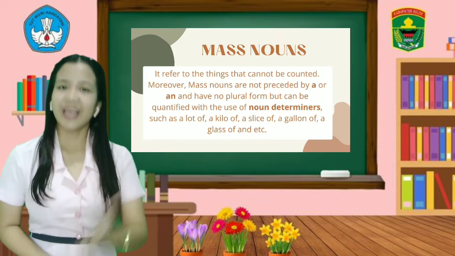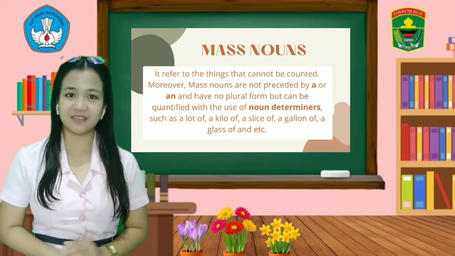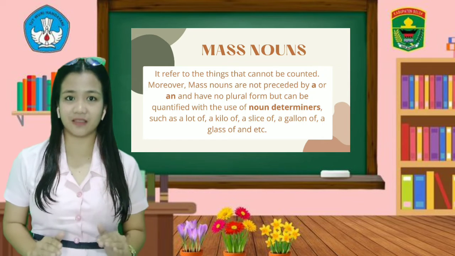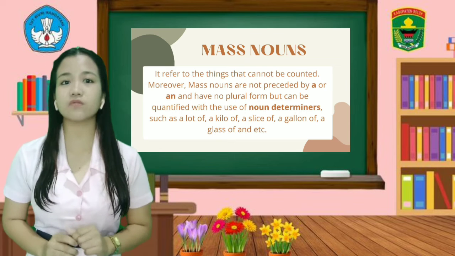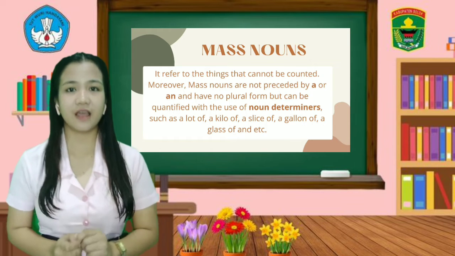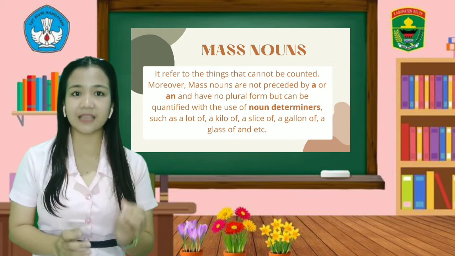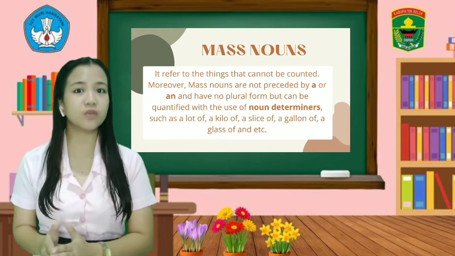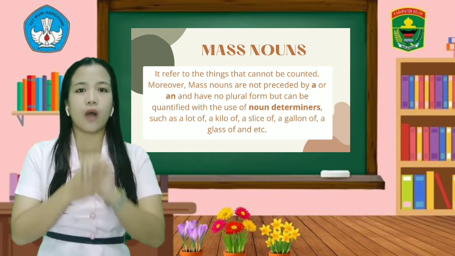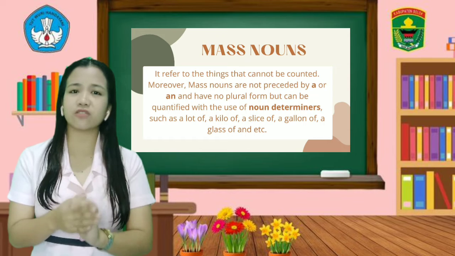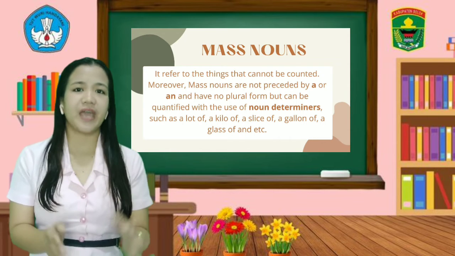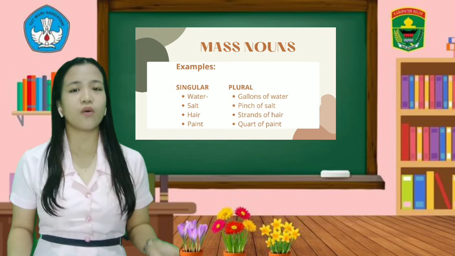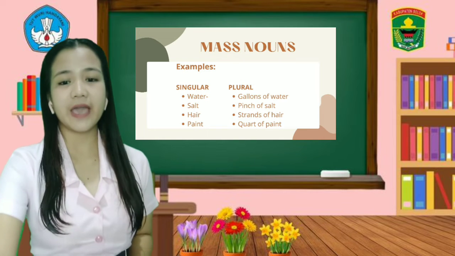Okay? Next, we have the mass nouns. These refer to things that cannot be counted. Moreover, mass nouns are not preceded by the articles a and an, and have no plural form but can be quantified with the use of noun determiners such as a lot of, a kilo of, a slice of, a gallon of, a glass of, etc. So I have here some examples.